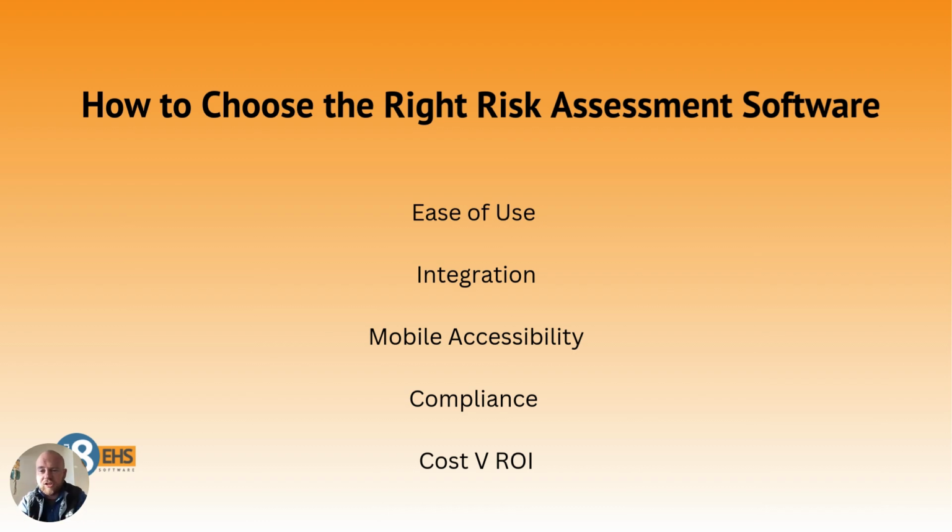Automations and integration. Does it integrate with your wider health and safety system? Does it integrate with your HR system or any other systems that you may need it to integrate with? Typically, this is just the wider health and safety system. Chances are, if you don't have risk assessment software, this is your first step into a health and safety system.